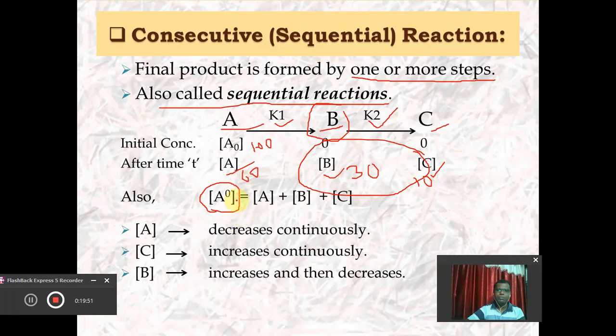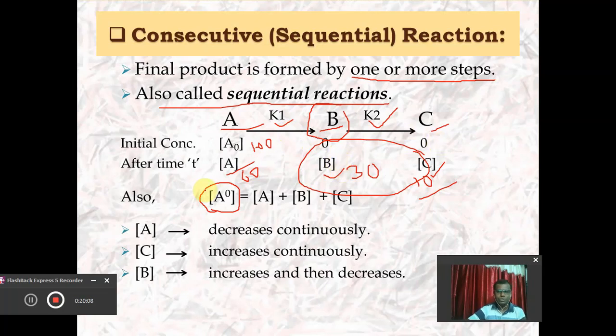So here, as the time proceeds, the concentration of A decreases continuously, while the concentration of C increases continuously, because this is the final product. Initially A gets converted into B, and this B gets converted to the final product.